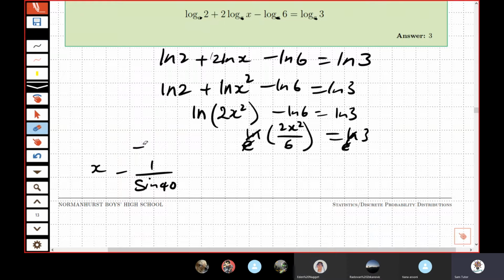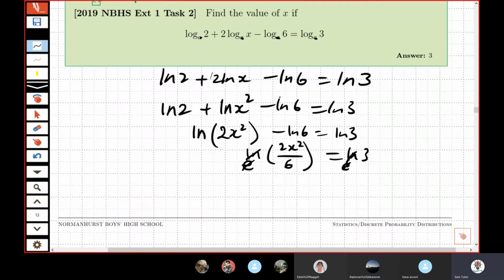So here, in this question, I'm saying, how do I get rid of the log? I'm talking about just the log. I'm not talking about anything that's attached to it. If I said here, how do I get rid of log 6 to bring it to this side? It's minus log 6.